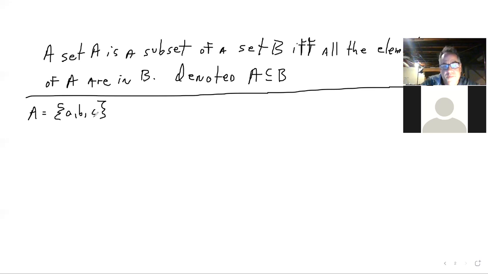So the cardinality of this set is 3. It has 3 elements. All right, so to come up with all the subsets of this set, I'm going to do this in a more systematic way, with the goal to come up with a formula that I could use to determine the number of subsets of any set.